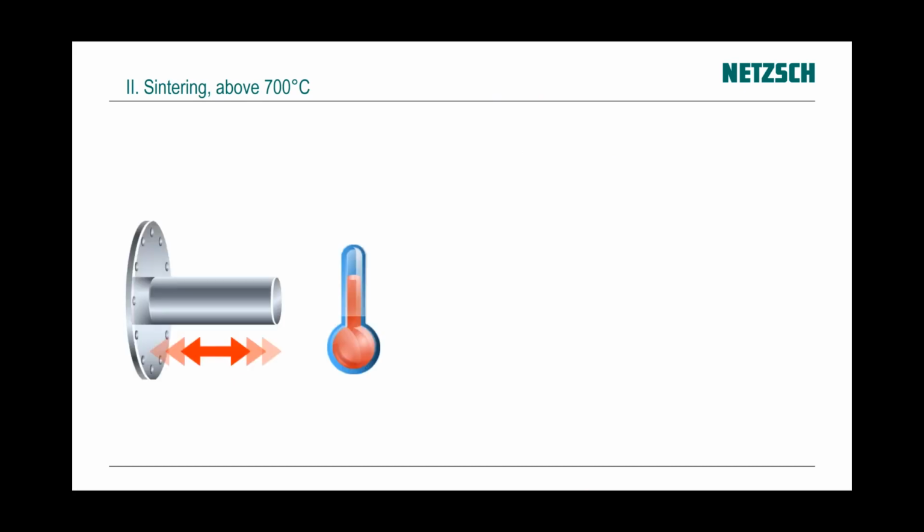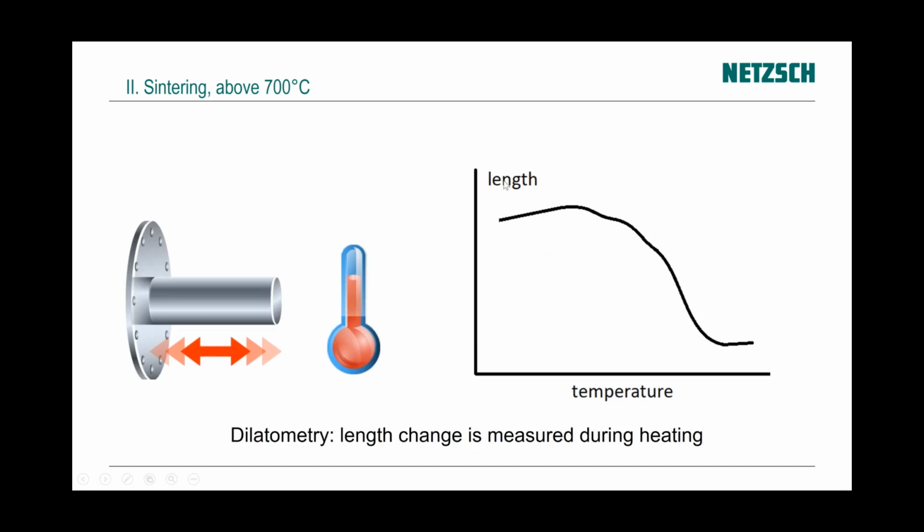We can measure length during heating, and then we get the graph of length versus temperature. At the beginning, there is a thermal expansion, then shrinkage, and then the thermal expansion of the product.